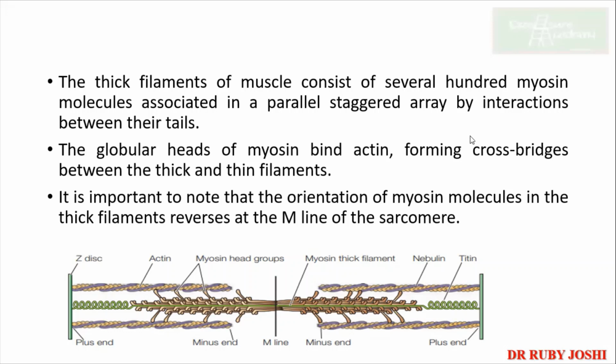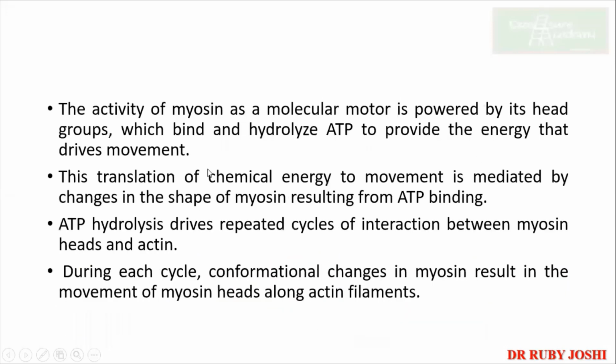Yes, ma'am. Okay. Now, the activity of myosin. It's a molecular motor, and as I said, for each step it needs ATP. So this is mediated by the ATP binding. ATP hydrolysis drives the repeated cycles of interactions between the myosin head and the actin.